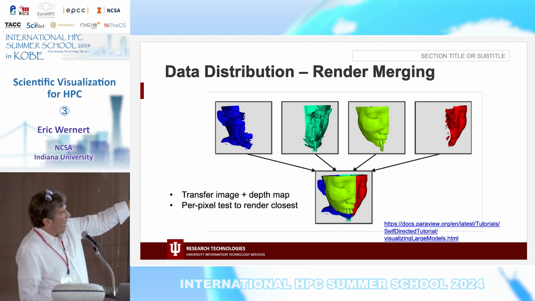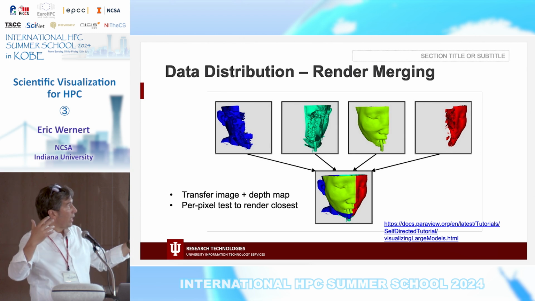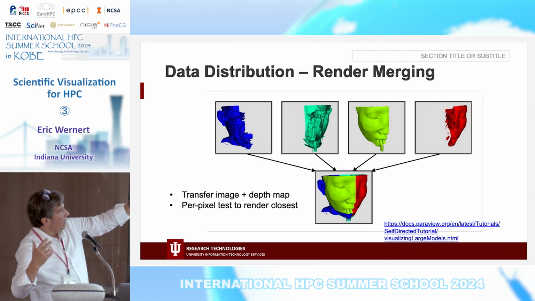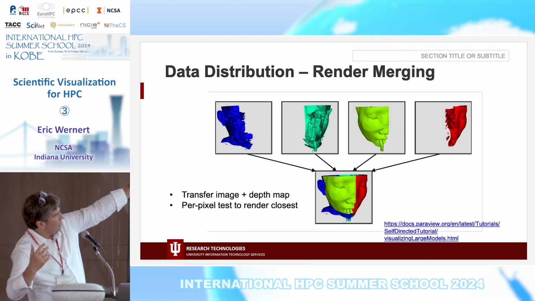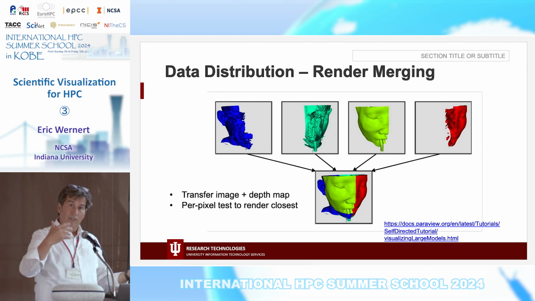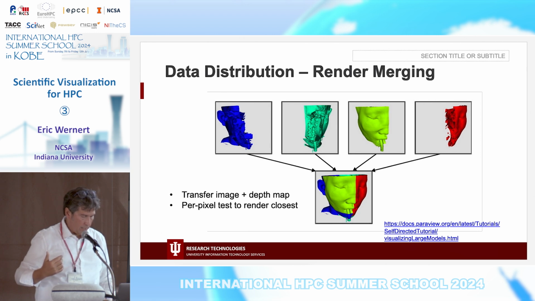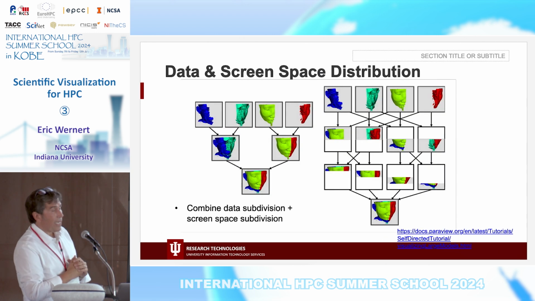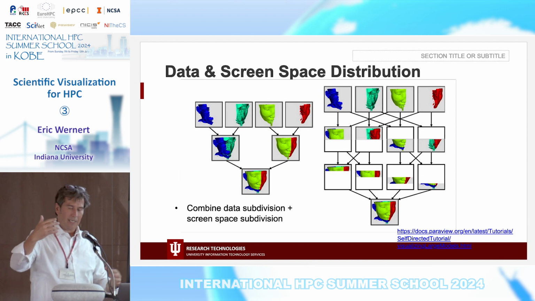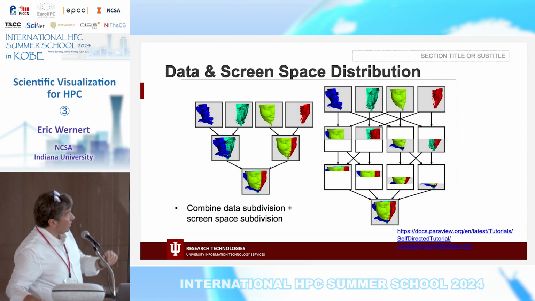Notice that in order to put that back together, we actually need to also have depth information, so that we can know that the red stuff blocks the green stuff in the second image there. So it's transfer of both image information and the depth map that comes along with that. And these can get amazingly complex. And ParaView and some of the associated libraries, IceT and stuff, are beyond my experience.